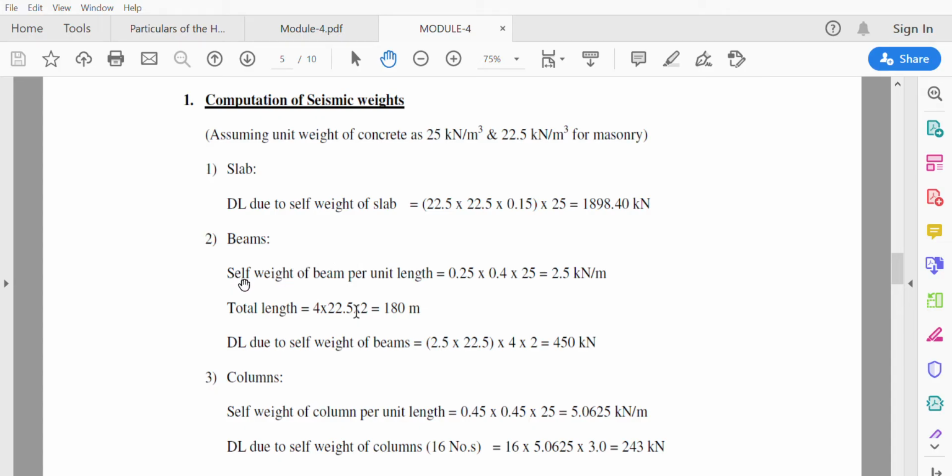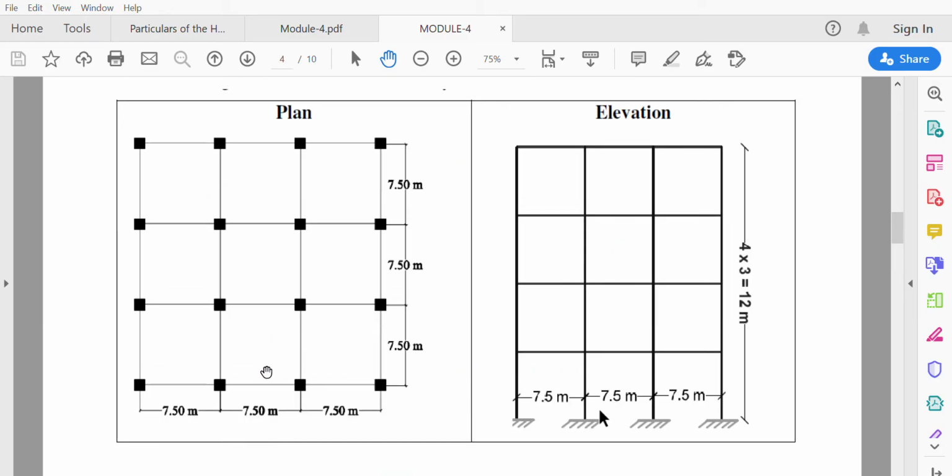Then for beams, self weight of beam per unit length is 0.25 into 0.4, the size of the beam, into density 25. So it is 2.5 kilonewton per meter. The total length is 4 into 22.5 into 2. That means there are 4 beams along x direction, the length is 22.5.